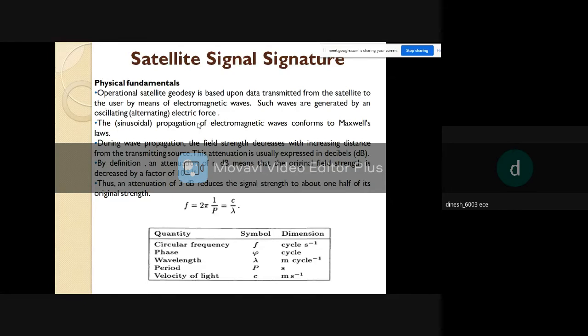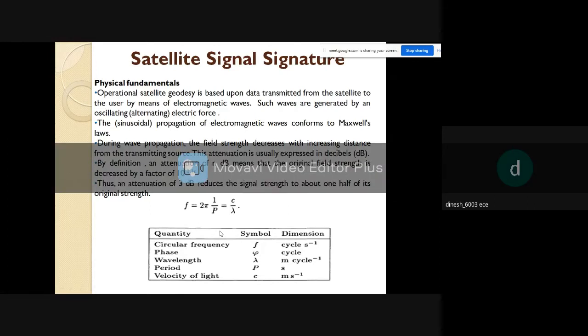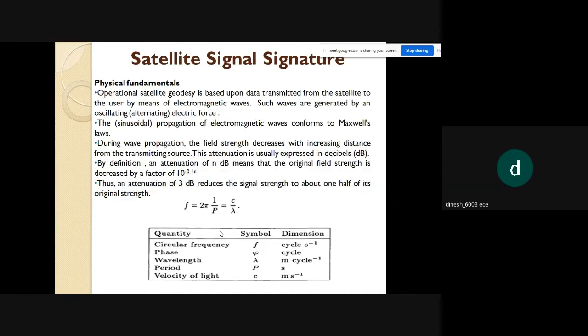Then we can calculate f = 2π/P = c/λ, where f is the circular frequency of the measurement of the satellite, λ is the wavelength, P is the time period taken, and c is the velocity of light.